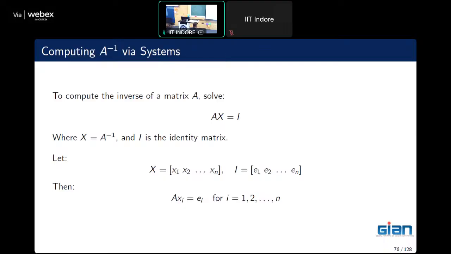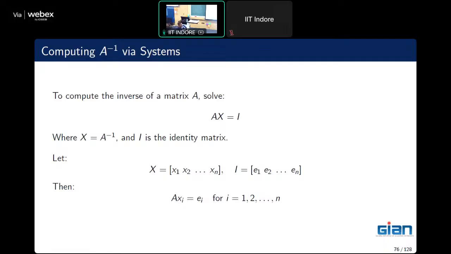You just see this. Generally, we say X is the inverse of that matrix, so when AX equals I, generally you do this. What I did was divide the equation into n columns, with I equal to E1, E2, ..., En, where E1 means the first entry is 1 and the rest are 0, and En means the nth entry is 1 and the rest are 0, and then you form Axi equal to Ei.